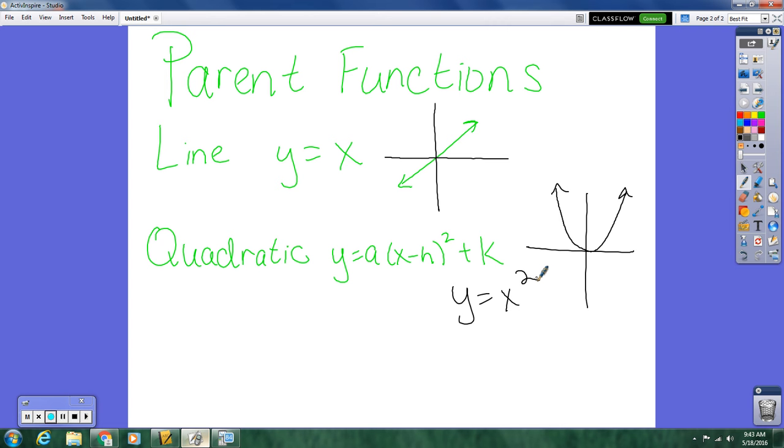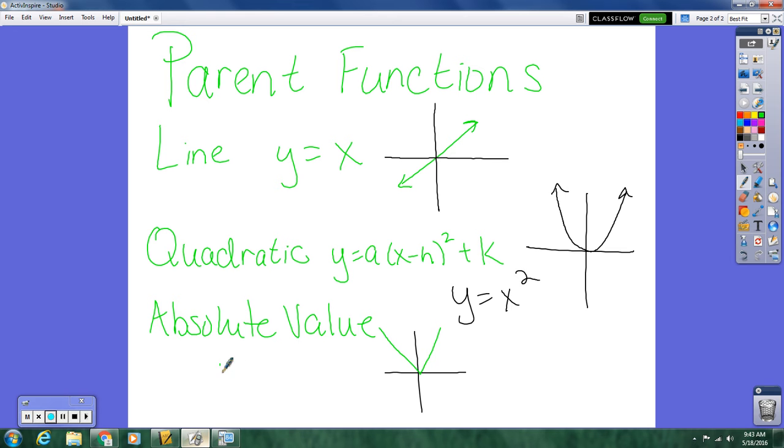And so then let's do the absolute value. It looks like a V, and that's the y equals absolute value of x.